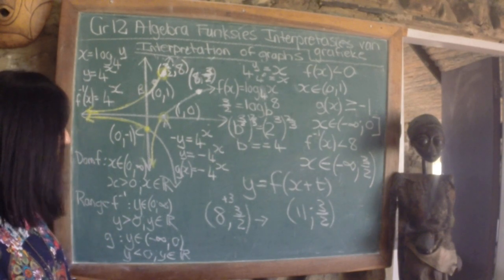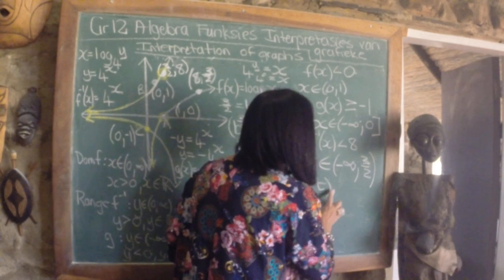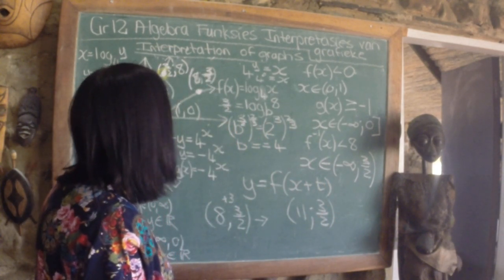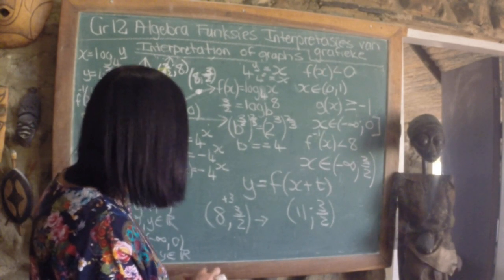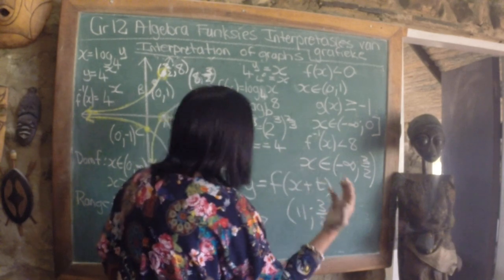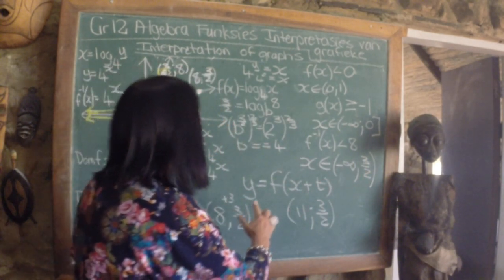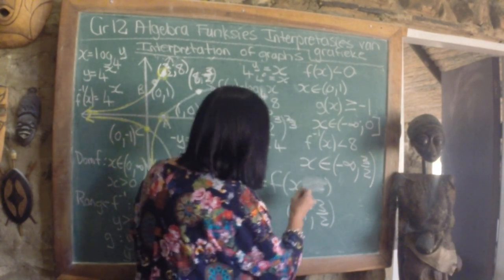So wat het gebeur? As ek plus 3 eenhede op my x-as beweeg, dan beteken dit it moved a minus 3, because moving to the right means in my bracket with my x, it must be a minus 3.